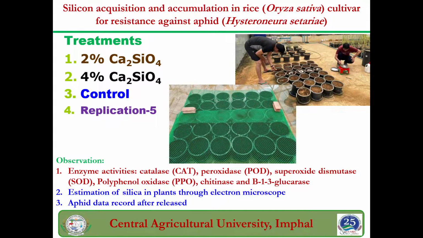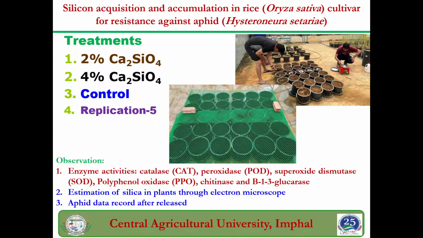After that we started two experiments. One was on enzymatic activity, the effect of aphid infestation and the different treatments. The other was estimation of silica in the plant. This is also important, because 50-60 days after treatment we identify what percent of silica is deposited in the plant under the different treatments. This also gave a very good result.